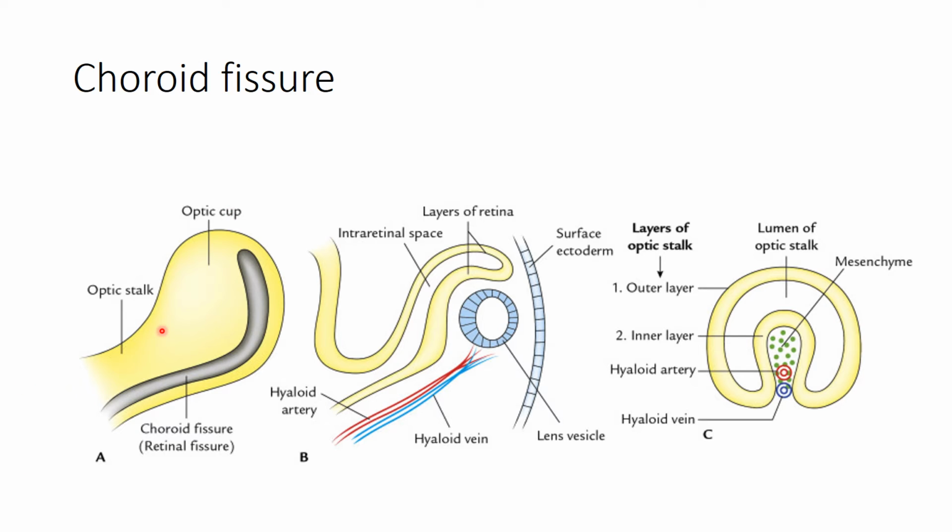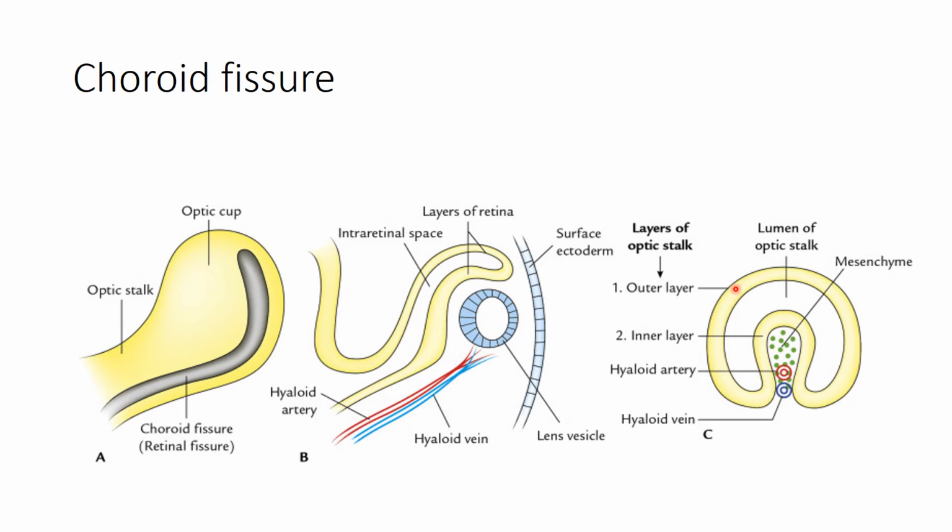We have seen what is the optic stalk, what is the optic cup, and the lens vesicle. From the inferior aspect of the developing optic stalk and cup, the mesoderm invaginates into the stalk and the cup region and forms a choroid fissure. If a transverse section of this is taken, you can observe here what it is like.